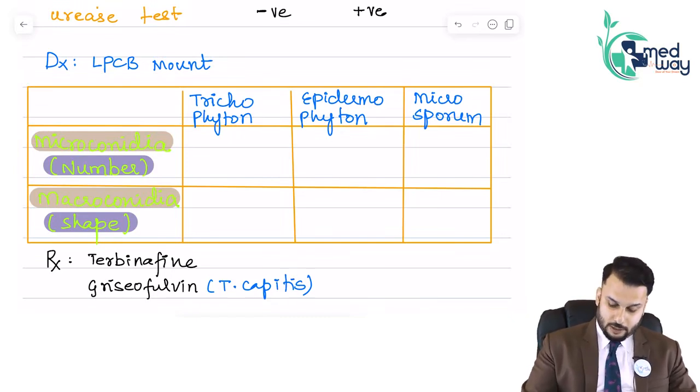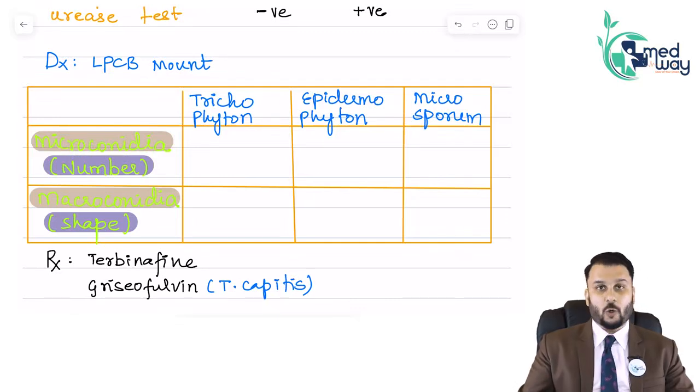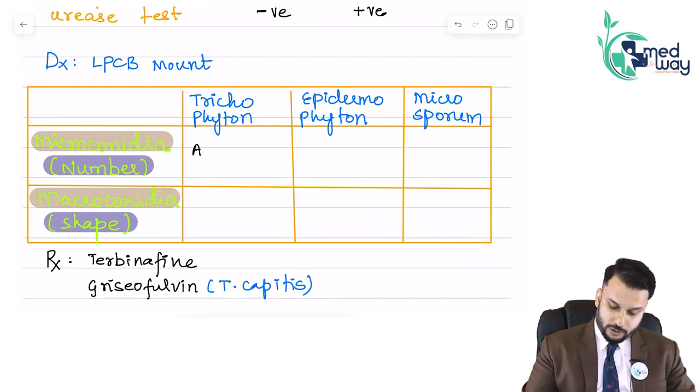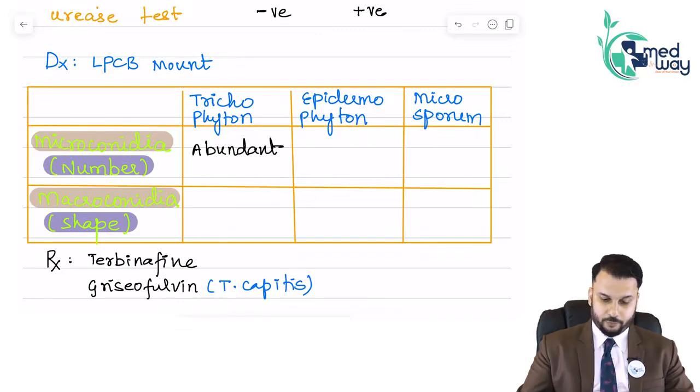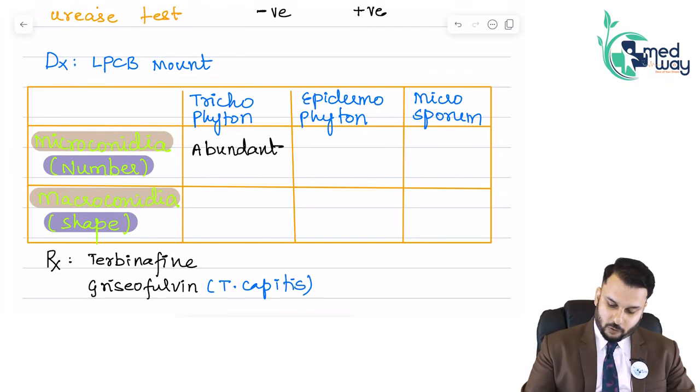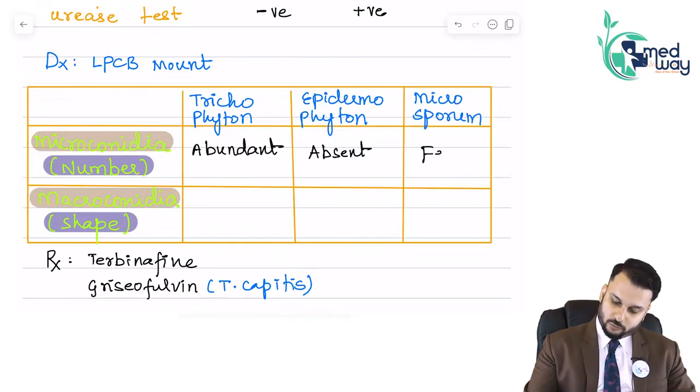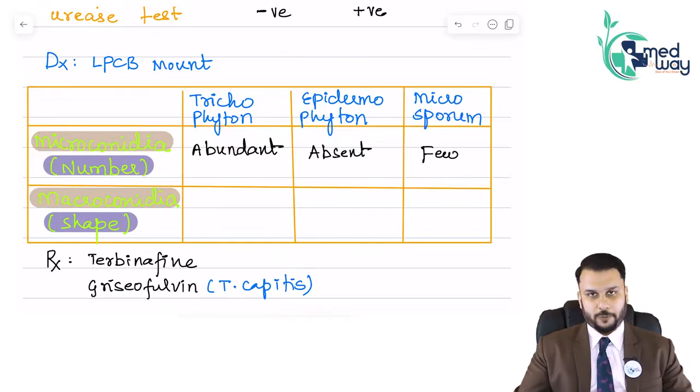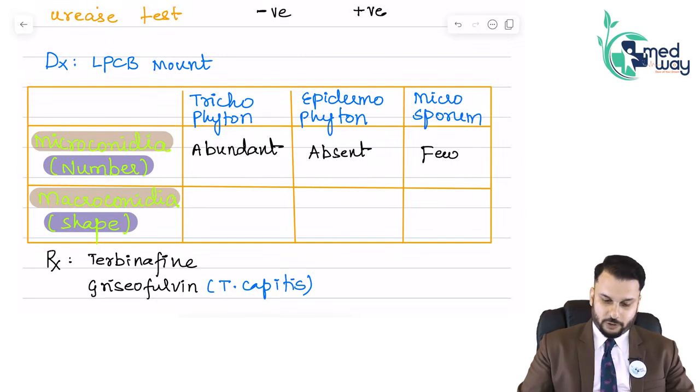Okay. Now let's start with the first one, Trichophyton. In Trichophyton, the microconidia are quite a lot in number, that means they are abundant. Next, in Epidermophyton, they are completely absent, and there are quite a few in Microsporum. Next is macroconidia. This is quite high yield. They love to ask this.